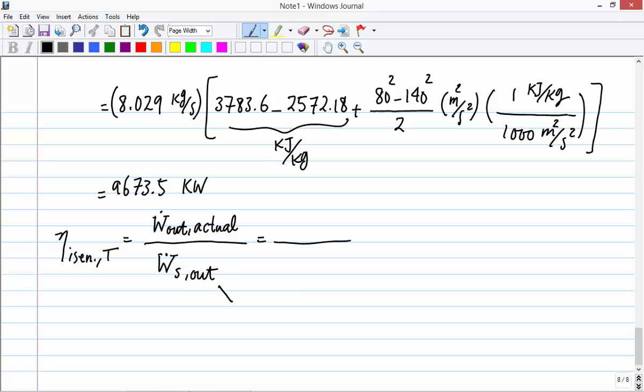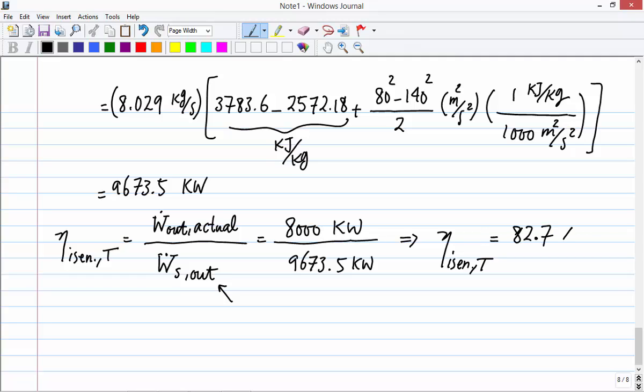This guy we found as 9673.5 kilowatt, and the actual work is 8,000. See, it's smaller. In the real world, the actual work is 8,000, but in an ideal world, the output power is larger. Therefore, the isentropic efficiency of the turbine would be 82.7%.